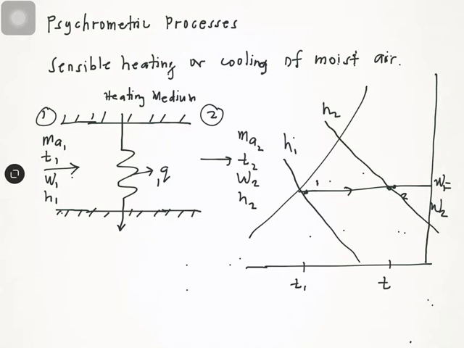When we consider the steady flow energy and material balance equation, referring to the figure, mass of air 1 times enthalpy 1 plus Q1 to 2 is equal to mass of air 2 times enthalpy 2.